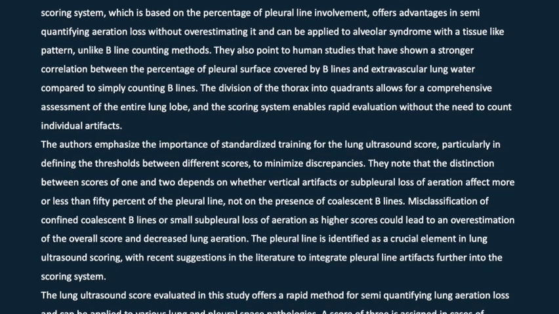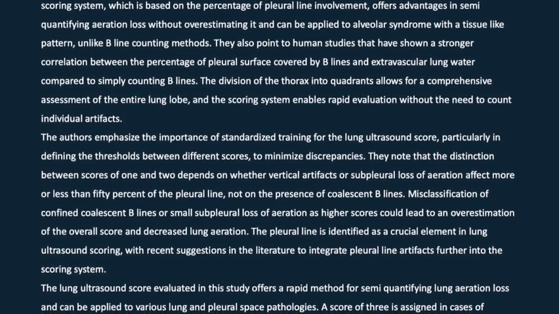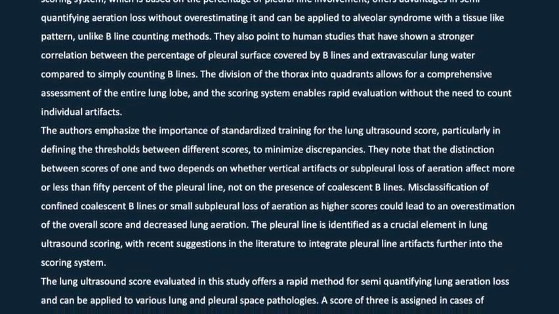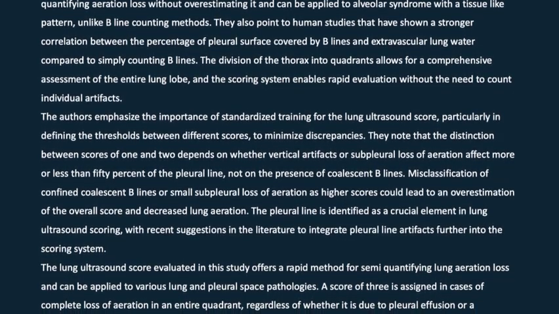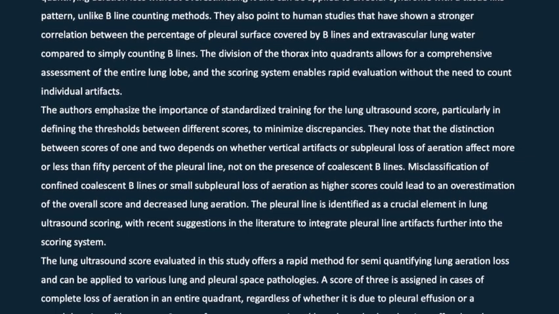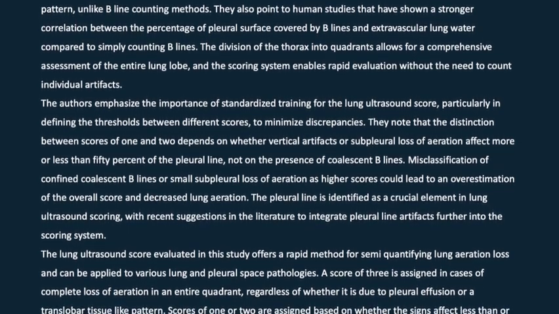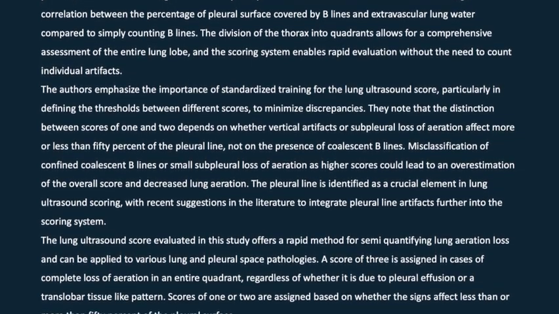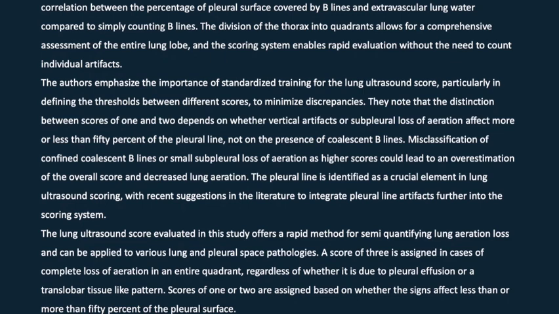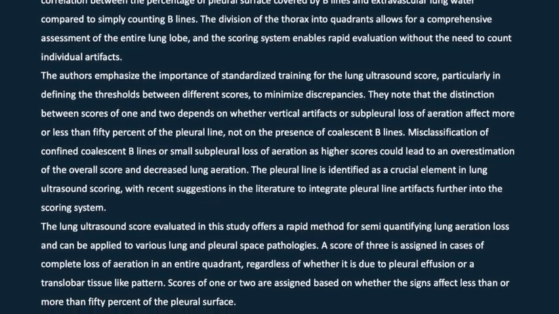They note that the distinction between scores of 1 and 2 depends on whether vertical artifacts or subpleural loss of aeration affect more or less than 50% of the pleural line, not on the presence of coalescent B lines. Misclassification of confined coalescent B lines or small subpleural loss of aeration as higher scores could lead to an overestimation of the overall score and decreased lung aeration.